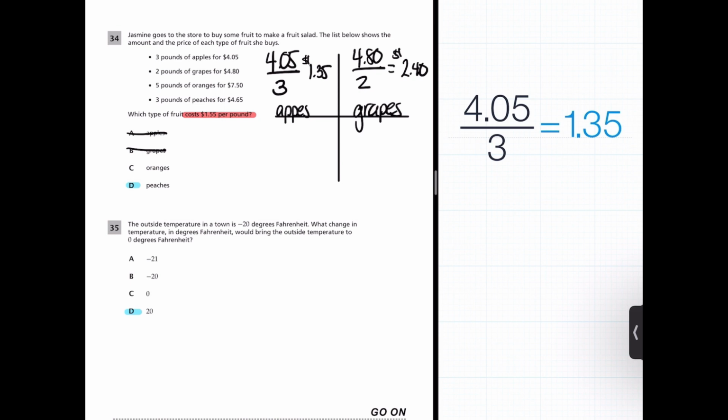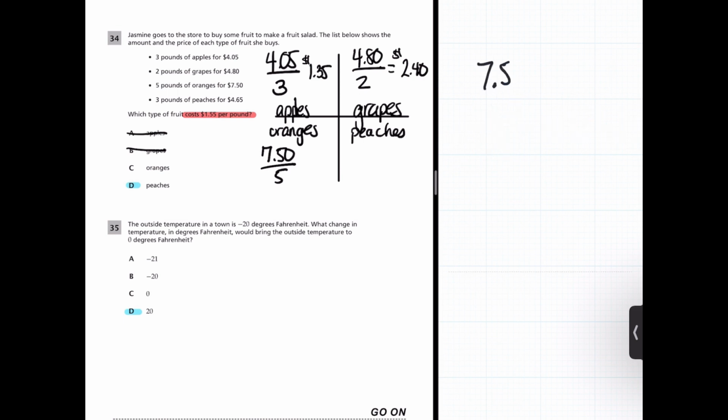All right, let's go with oranges. And we'll put peaches. Okay, for oranges we have $7.50 for 5 pounds. So I'm dividing 750 by 5. See, I didn't write the decimal, so I'm going to put it in there.